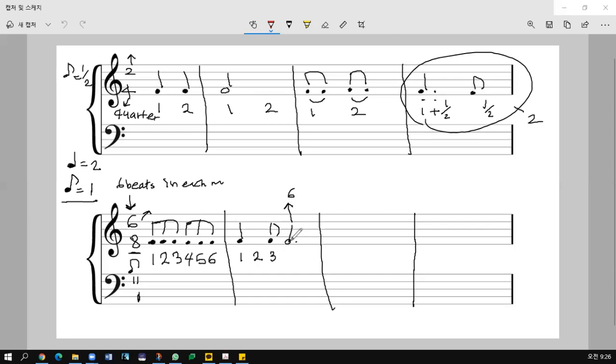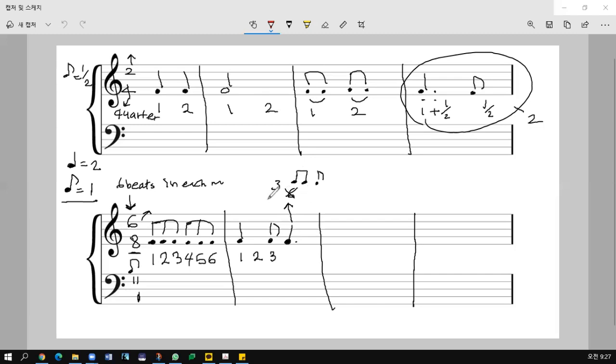So you have to put dotted quarter note because, you know, dotted quarter is how many eighth notes? 3, right? Because quarter is 2/8, and then dot is the half value of the quarter. So 1/8, right?